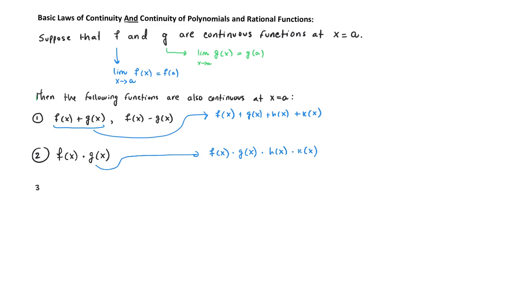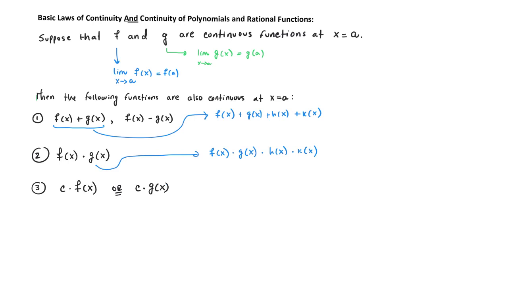And then property number 3 will say, well, what happens if we build a new function which consists of a numerical coefficient times one of these continuous functions, let's say c times f of x, or let's say c times g of x.